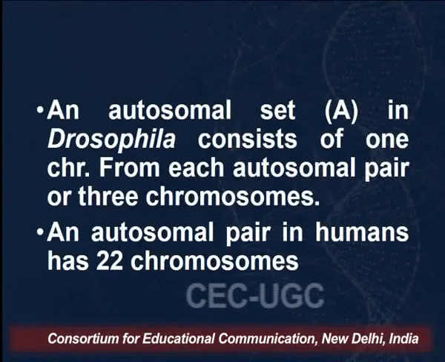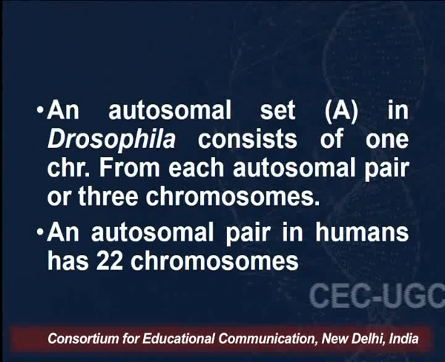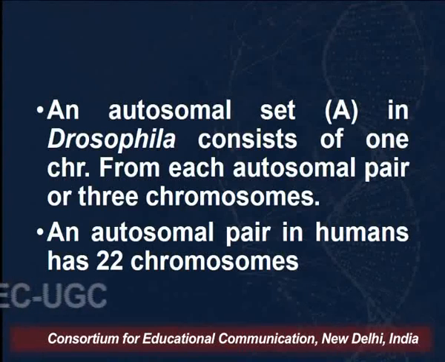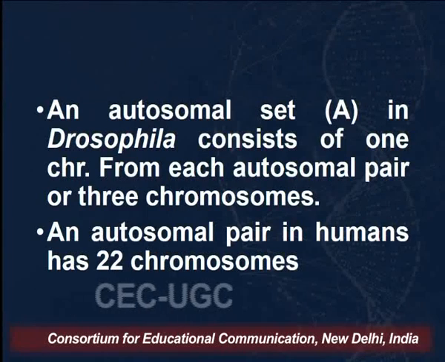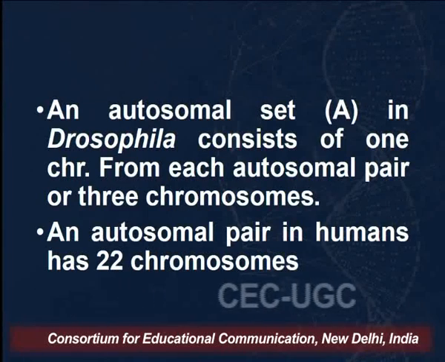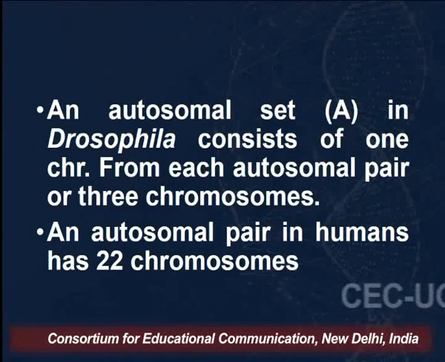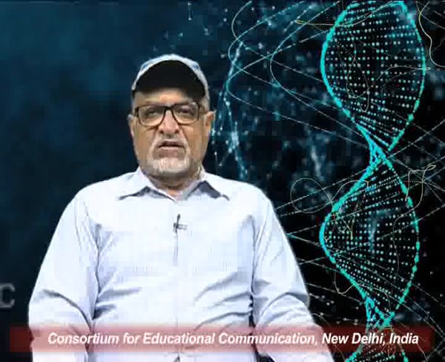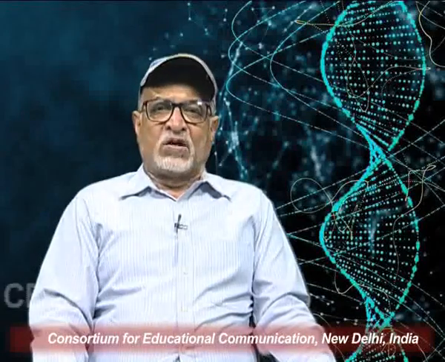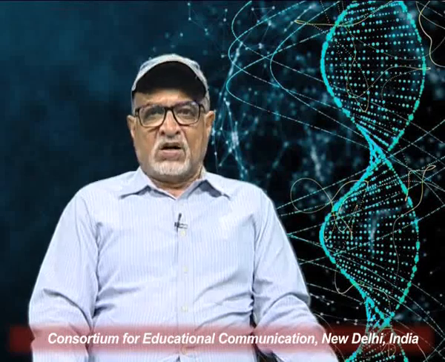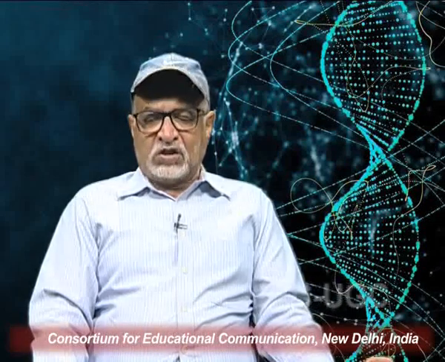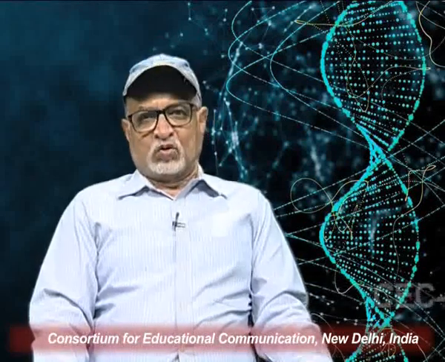If we compare this with the human chromosomal complement, we have 22 autosomal pairs, and Drosophila has an autosomal set, which in our ratio X by A is to be taken as the autosomal pair of each of the 3 chromosomes.